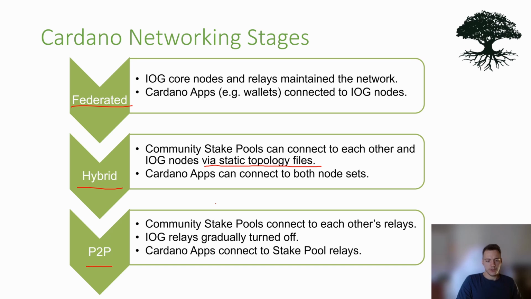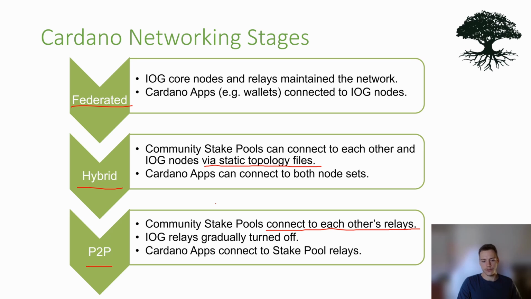Where we are going is the peer-to-peer stage, in which community stake pools will connect only to each other's relays, and the IOG relays will gradually be turned off, as they wouldn't be required anymore. So the difference in the way the stake pools connect to each other's relays is that it's not through a static topology file, but rather the nodes would be constantly detecting the best peers to connect to and maintain the network that way.